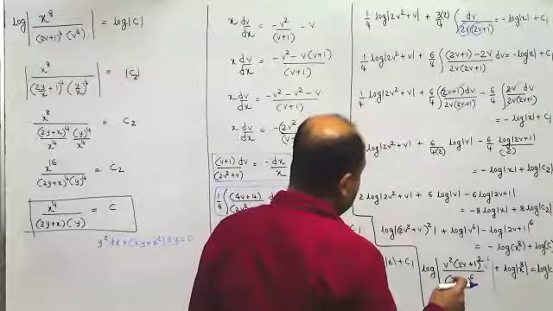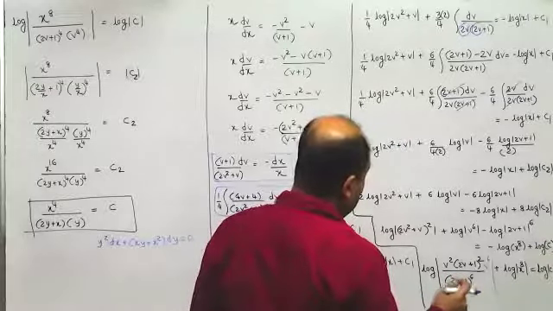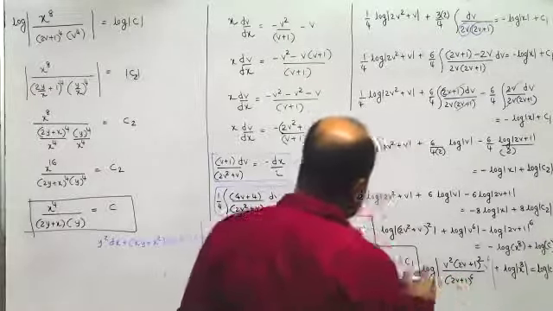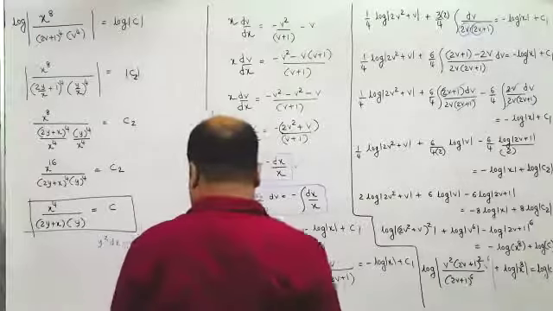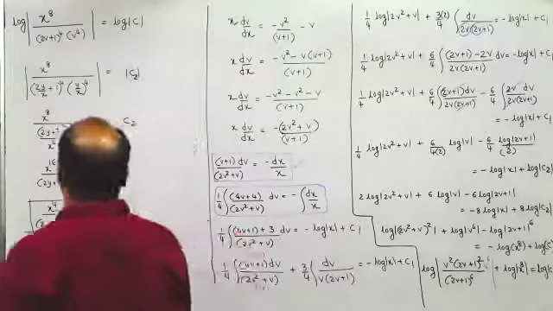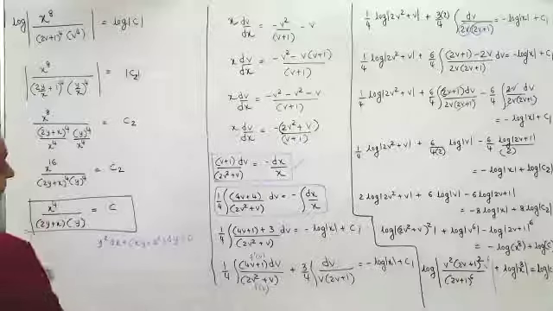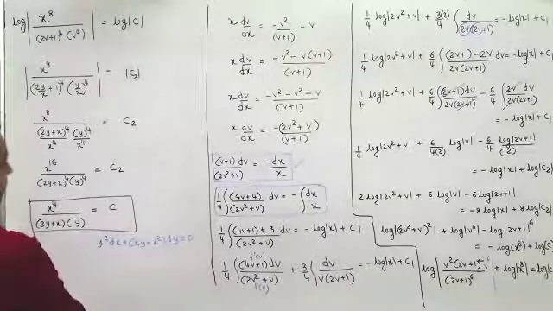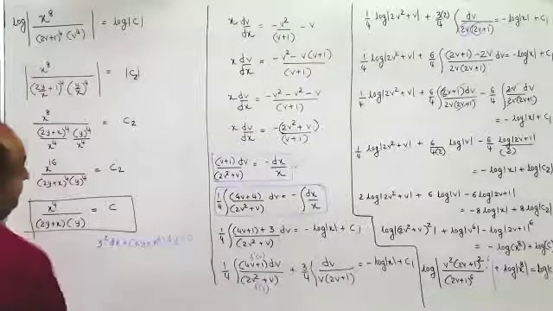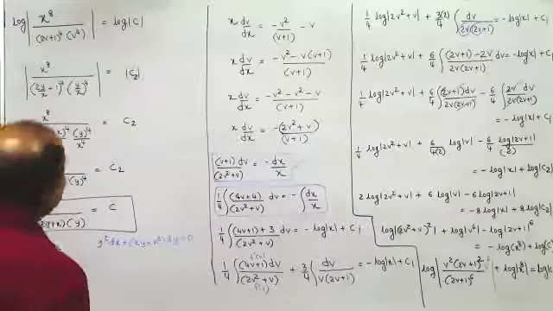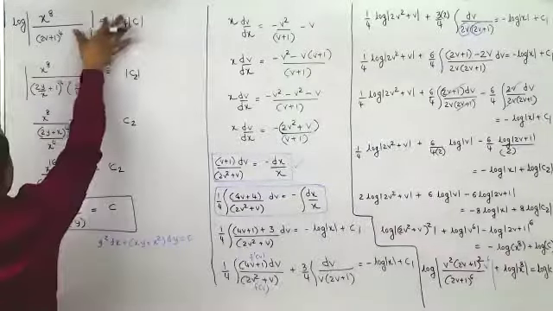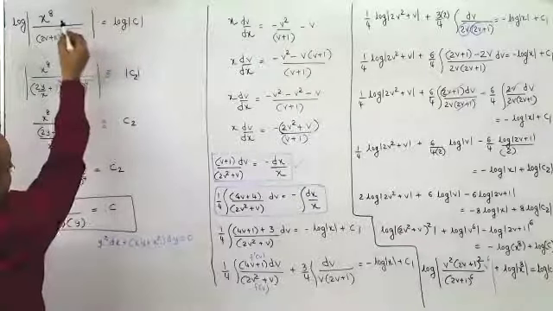So this should be v raised to 8 into upon 2 plus 1 square upon 2v plus 1 raised to 6. So it should have been x raised to 8 into v raised to 8.